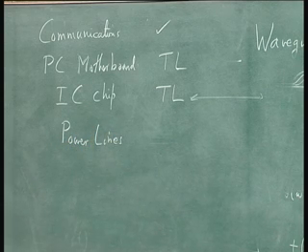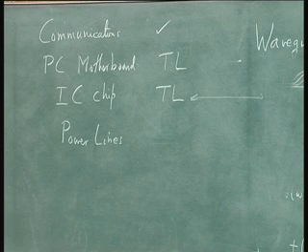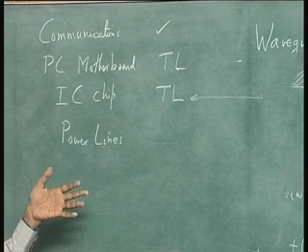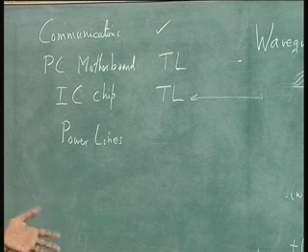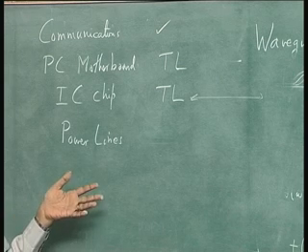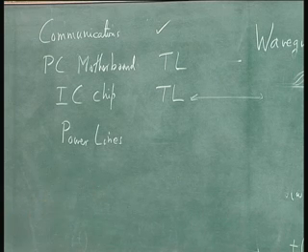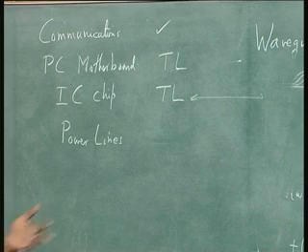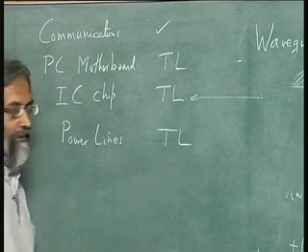Now you are talking about 50-60 hertz, but your power lines are very long. Your power lines can be crossing a country, and once it starts approaching a large fraction of 1,000 kilometers, once again you are a transmission line.